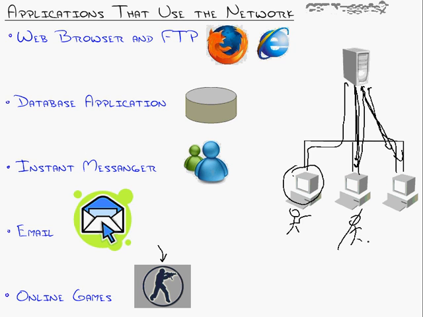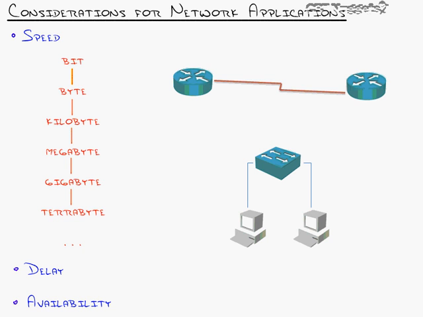All of that is using a network streaming data across these roads that have been built to allow the communication between these devices.